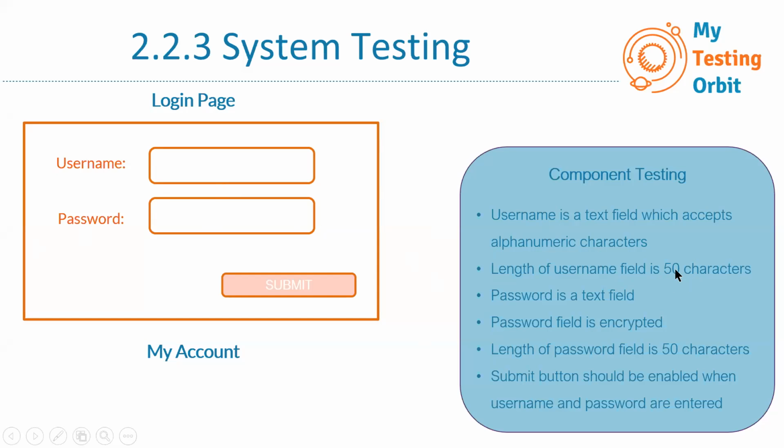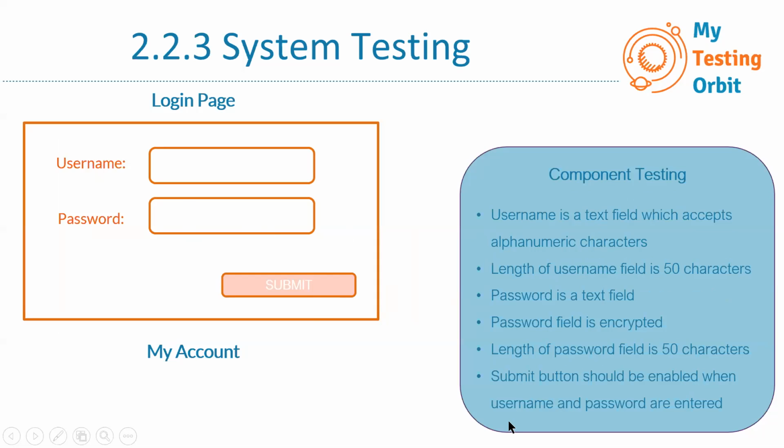Of course, this is something which the developer needs to include in their code as well, so they need all these details. Then password, of course, it is quite common that the password should be encrypted because everyone shouldn't be able to see the password. Then the length of the password field is 50 characters.